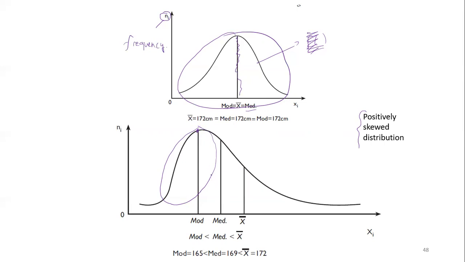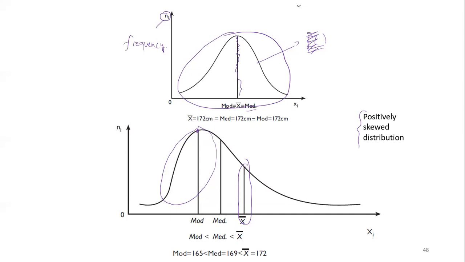So the mode is here, the median is somewhere here, and the average of the data is somewhere here. This is what we call a positively skewed distribution. There are several measures for this. We won't get into the details, but please just know that shape is another important measure for the data.